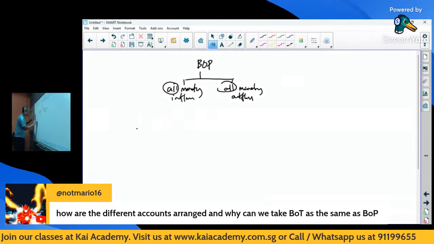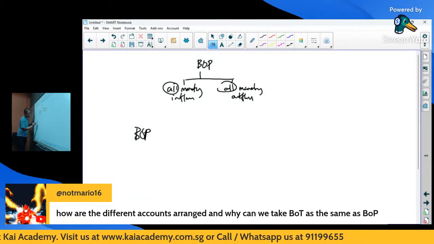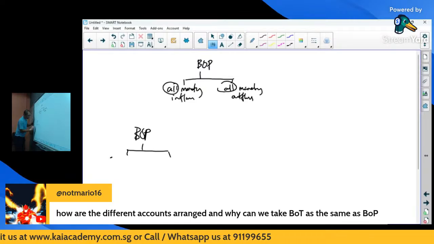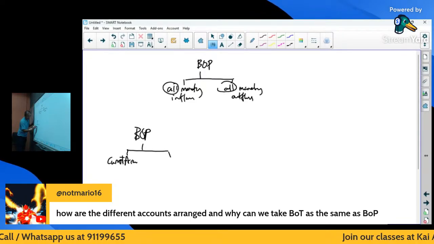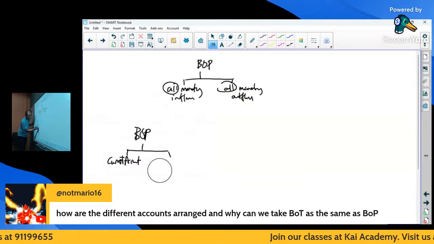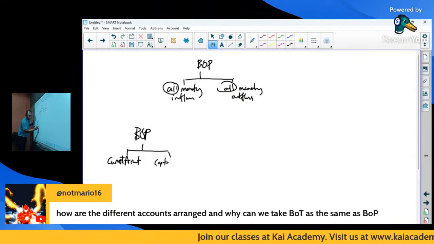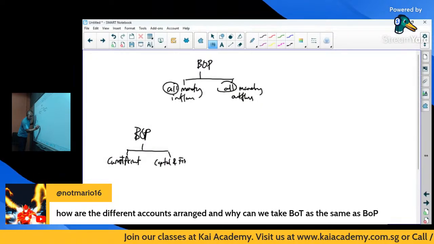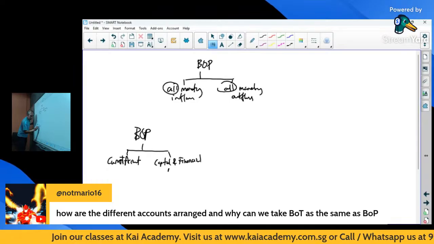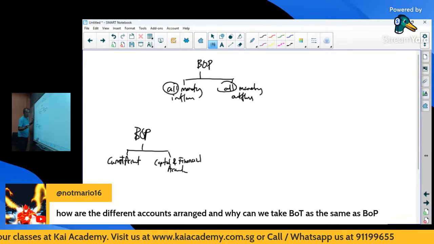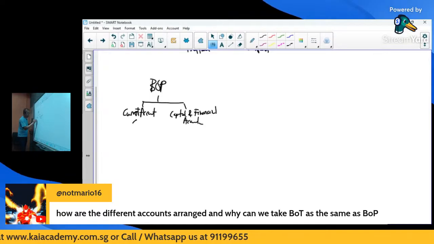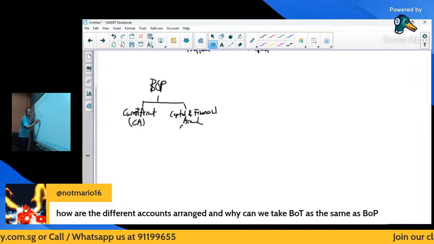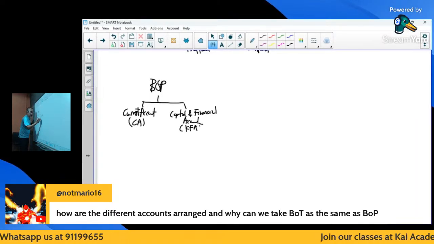The BOP is made up of two accounts, what we call the current account and the capital and financial account. In shorthand, we write CA for current account and KFA for capital and financial account.